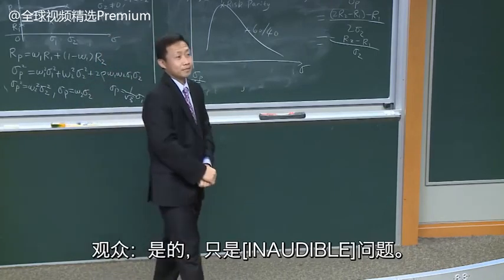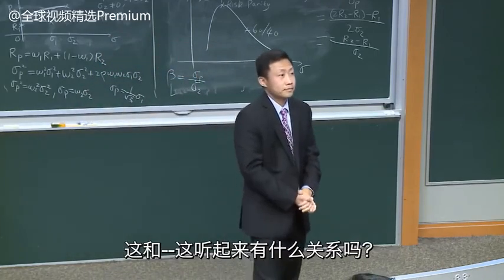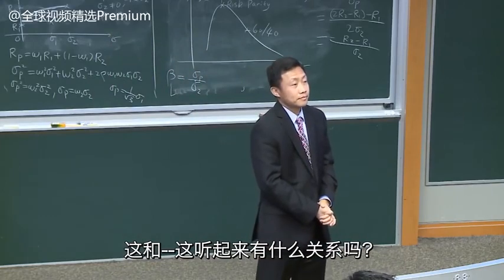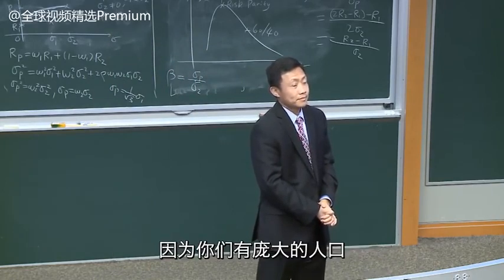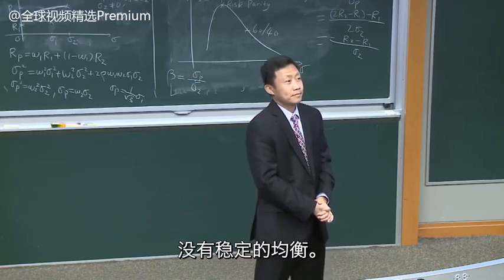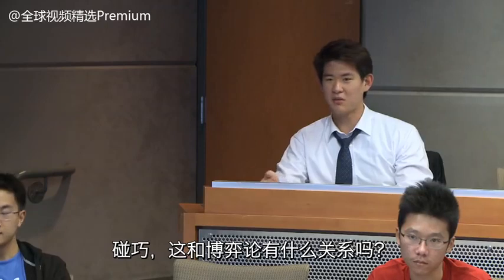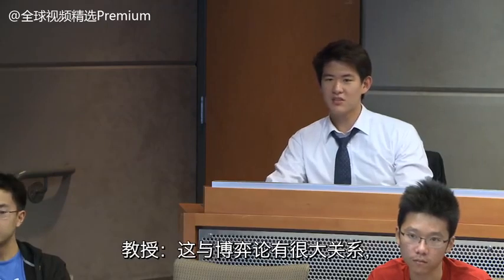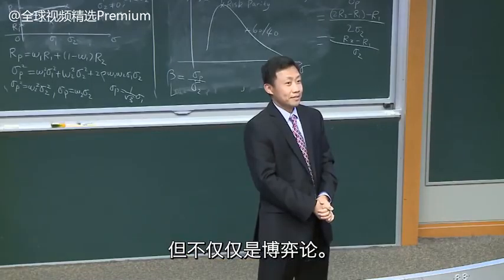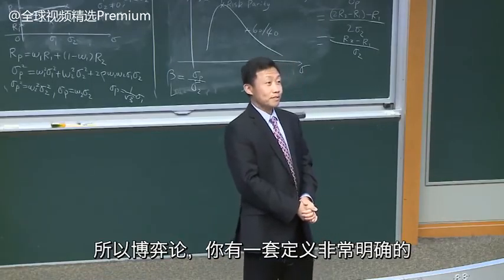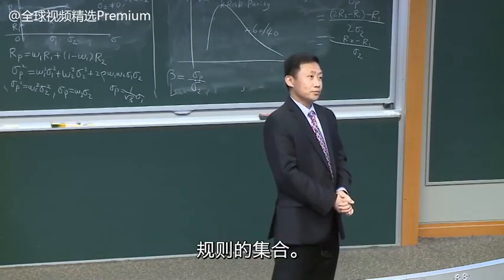Yeah. Just a question. It kind of sounds like game theory. I'm not exactly sure, because you have a huge population and no stable equilibrium. Does it have anything to do with game theory by any chance? It has a lot to do with game theory, but not only game theory. In game theory, you have a pretty well-defined set of rules.